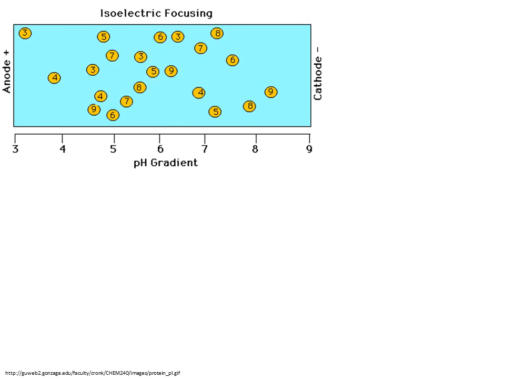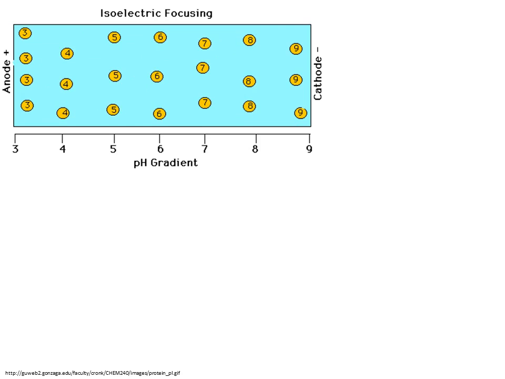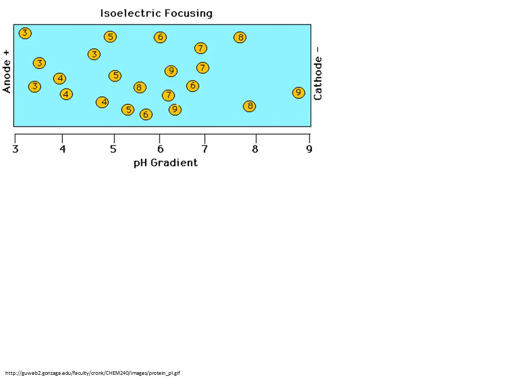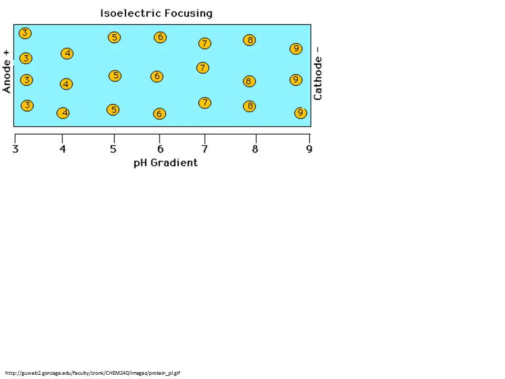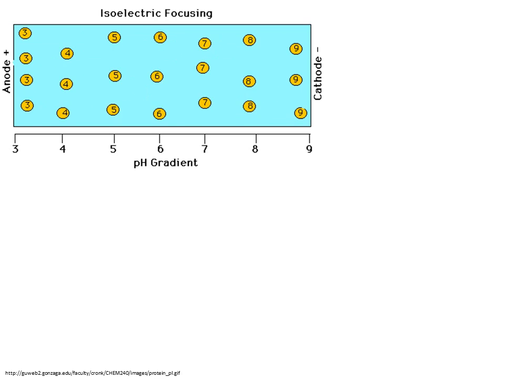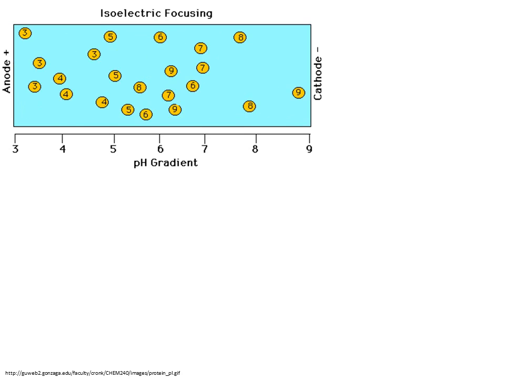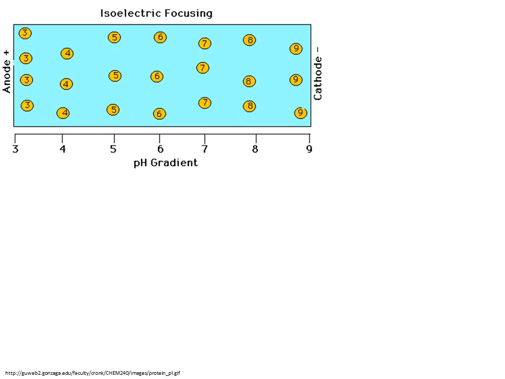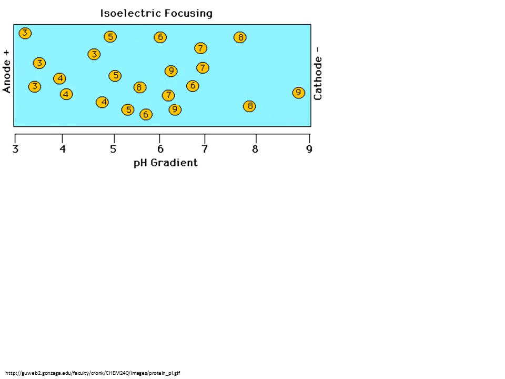As the carrier ampholytes establish the pH gradient, they can become neutral and stop moving in the tube. Being small, they can diffuse away from the place where they are neutral, but they become charged by losing or gaining hydrogen ions and are thus pulled back to the neutral point while the current is on.